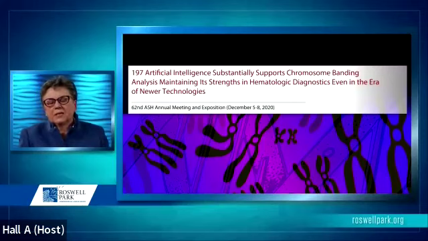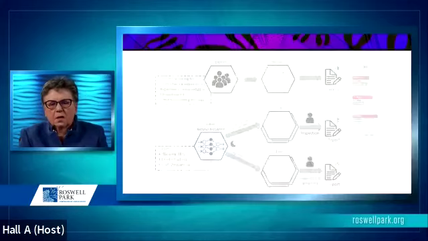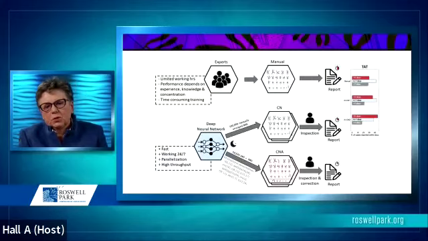But probably the most exciting change that we've seen in cytogenetic analysis would be the use of artificial intelligence and deep neural networks. A group in Germany proposed using deep neural networks and artificial intelligence to perform karyotype analysis.